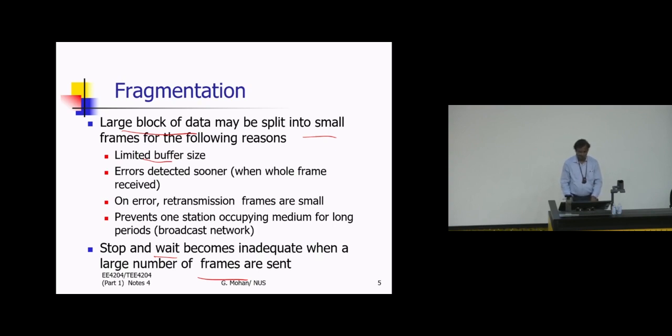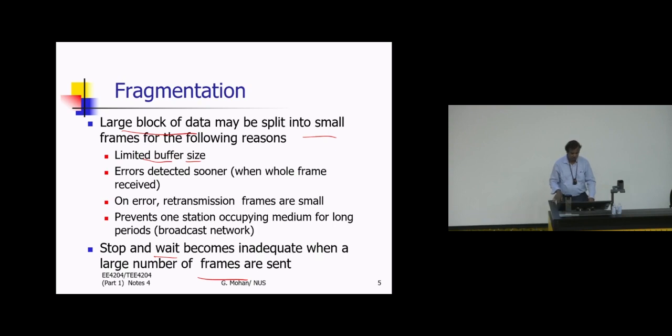There are other advantages as well. Limited buffer size: this is related, because routers are basically store and forward switches. That means the entire frame needs to be received before we start transmitting on the next line. So if the frame size is bigger, we need a bigger buffer to hold it.